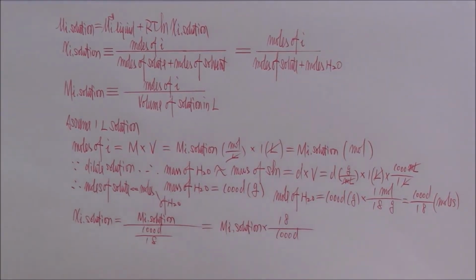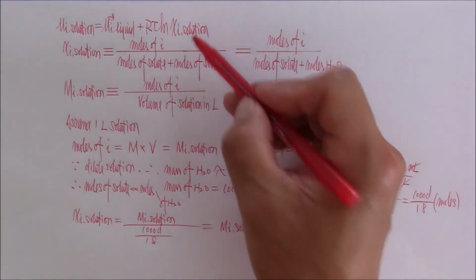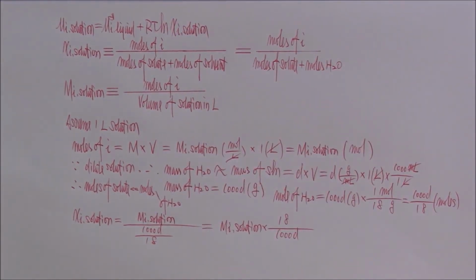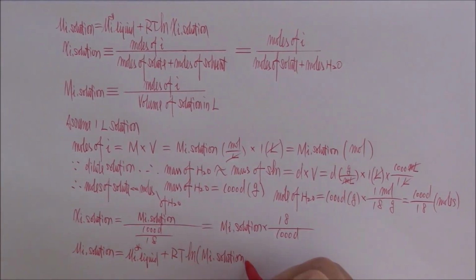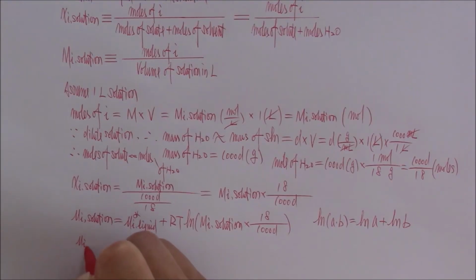Let's use this expression to replace Xi solution because these two are equal to each other. Because natural log of A times B is equal to natural log A plus natural log B, by using this relationship, let's separate these two terms.